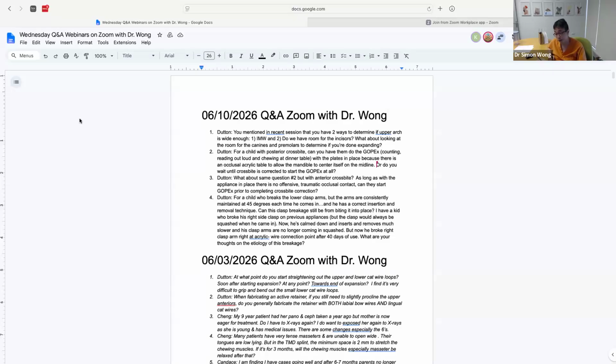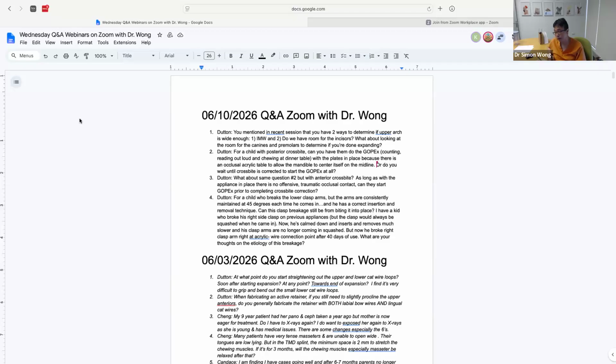So we use intermolar width as a gauge so that when we hit that 36, 37 millimeter range, we have to take stock of whether we're going to continue to expand or whether we've got enough.